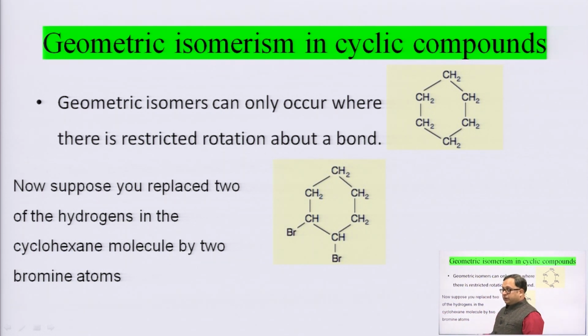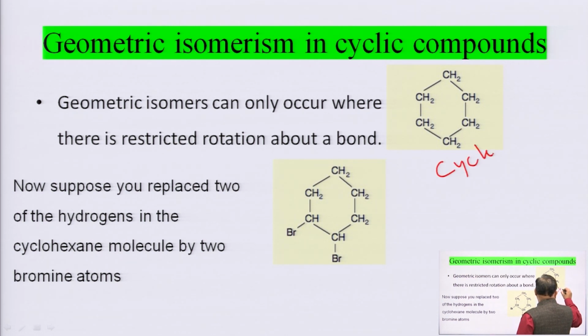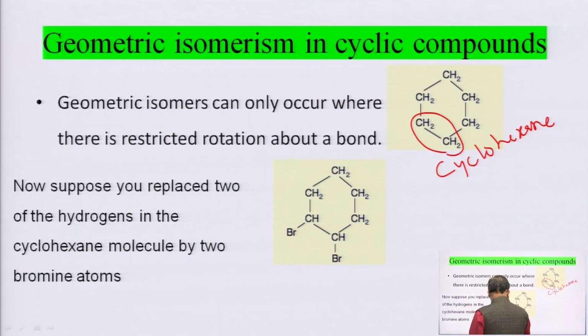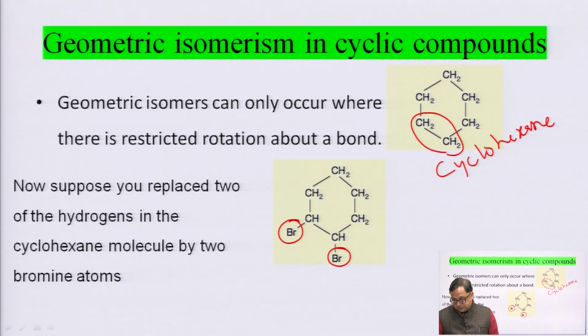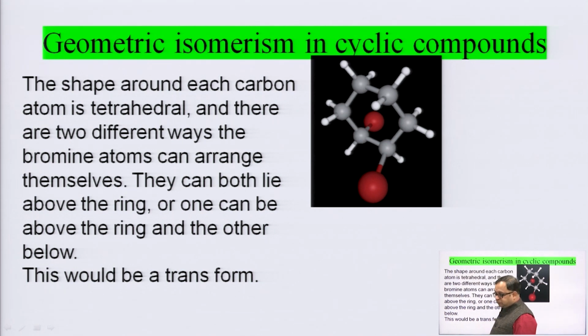Now, there is one more example: geometrical isomerism can also exist in cyclic compounds apart from these olefinic compounds. So, this is an example of cyclohexane. Now, if I choose these 2 carbons, and I replace 2 hydrogens with bromine, can this result in geometrical isomers? Let us see, we can answer using this diagram. Now, these 2 bromines can have 2 different orientations.